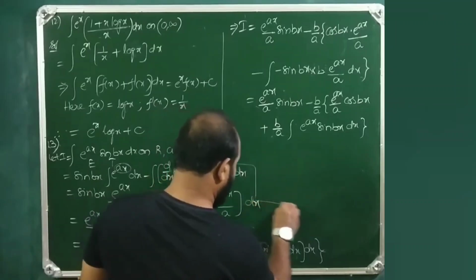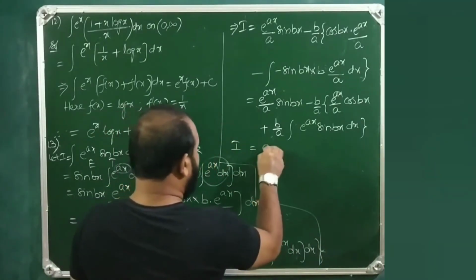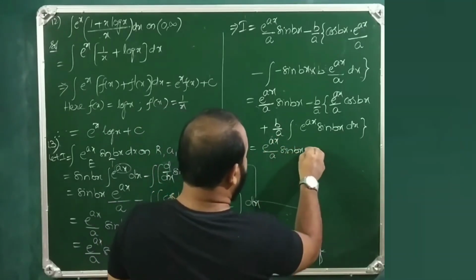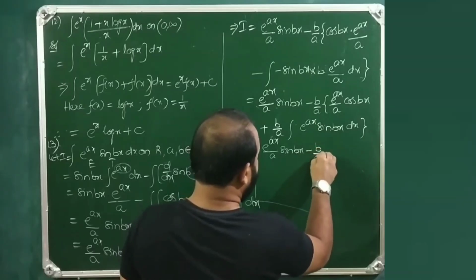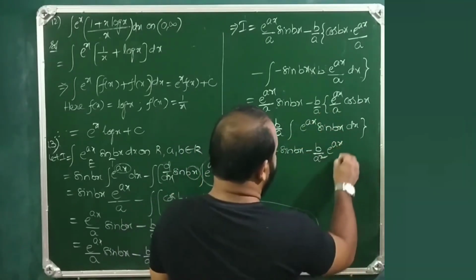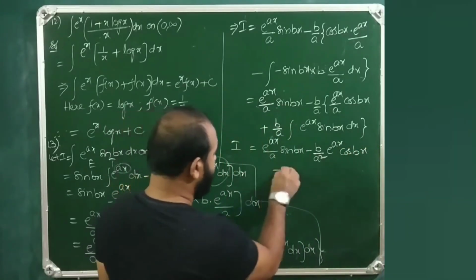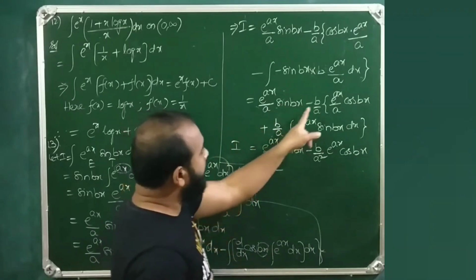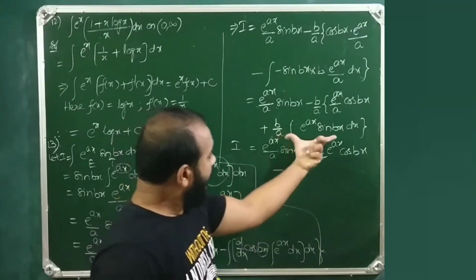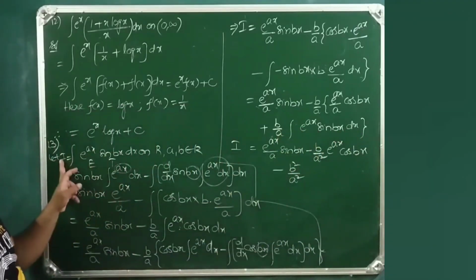So I is equals to e power ax by a sin bx, minus b by a square into e power ax into cos bx, minus into minus plus b by a into b by a, b square by a square, into integral e power ax into sin bx dx. So this we have taken to be I earlier.